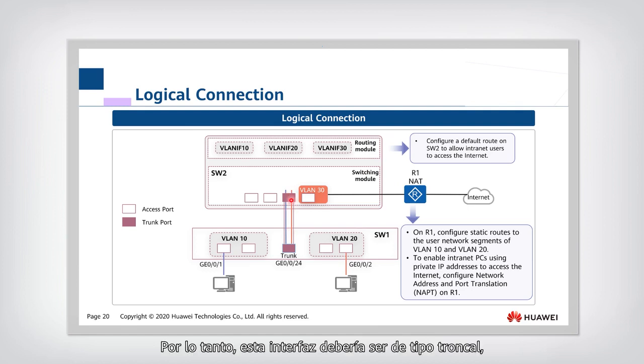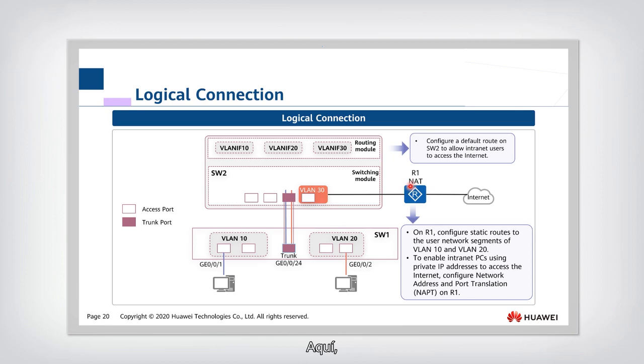This interface should be in the trunk type to support the traffic from both VLANs. And another interface is connected with the router. If we configure this traffic as VLAN 30, this should be an access port with VLAN 30 and communicate with the router.